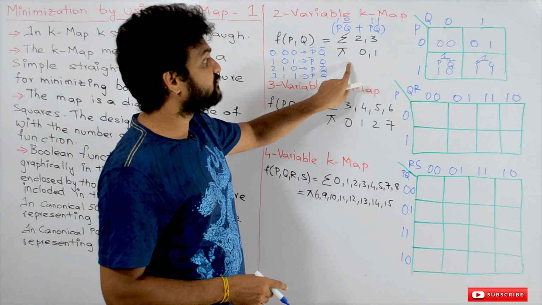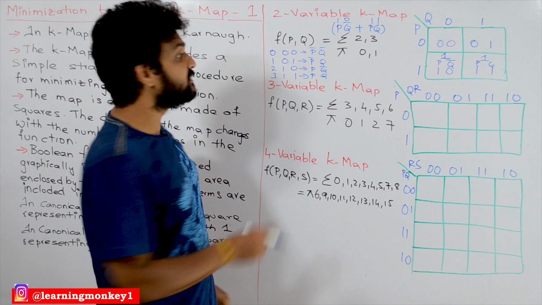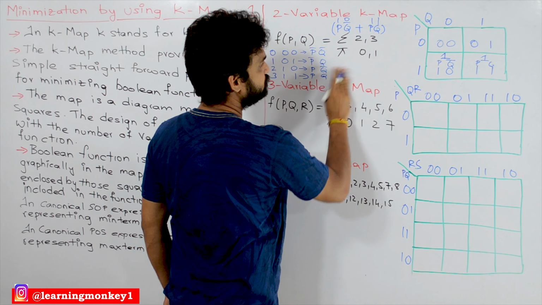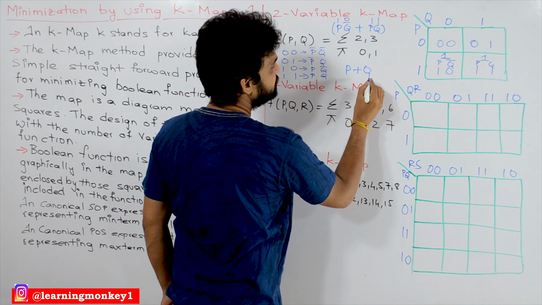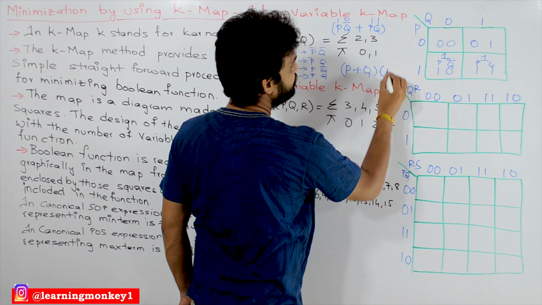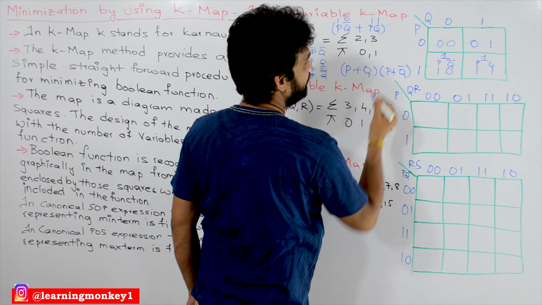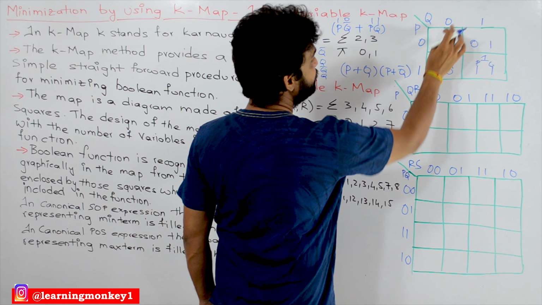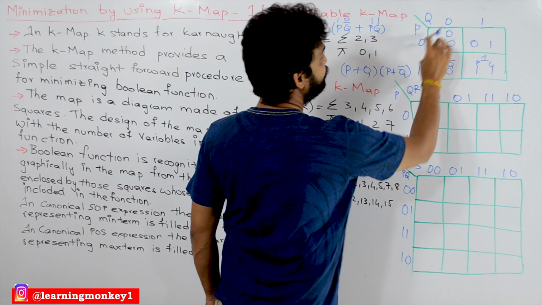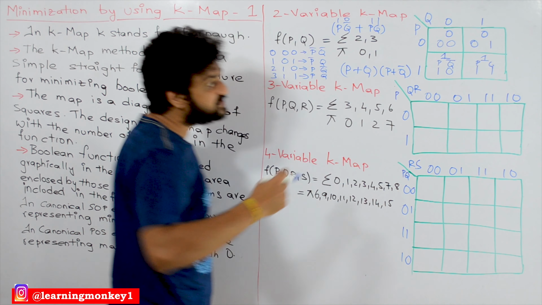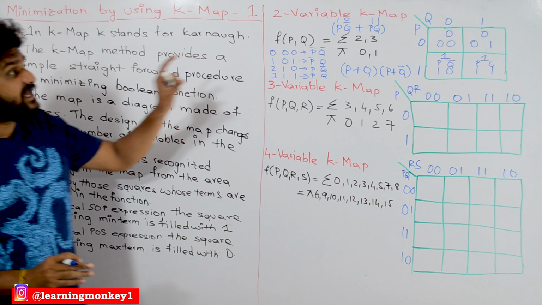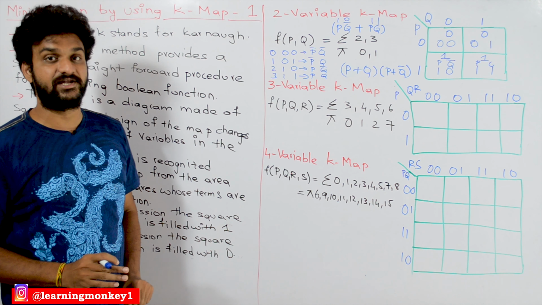How are the product of sums represented? 0 is represented by P plus Q, and 1 is represented by P plus Q bar. So 0, 0 is represented with 0, and 0, 1 is represented with 0 in the case of product of sums. This is the way in which K-maps get filled with the values.